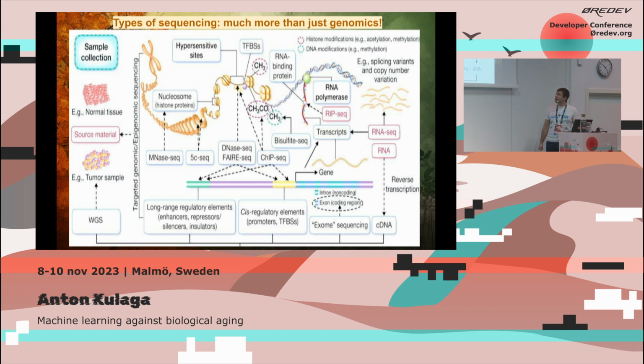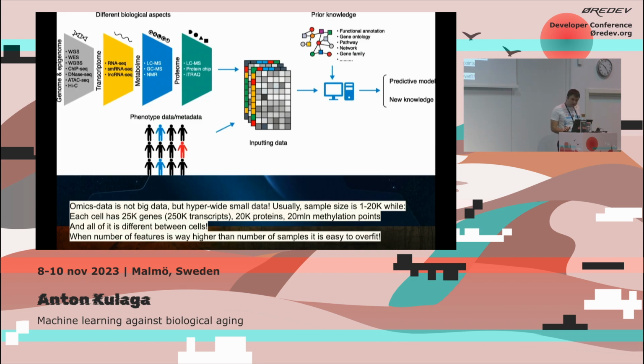Most of you know about genomes, about DNA, but in reality, apart from DNA or genomic sequencing, we also have a lot of other molecules like RNA sequencing, transcriptomics, we have ChIP sequencing, we have methylation sequencing, a lot of it.